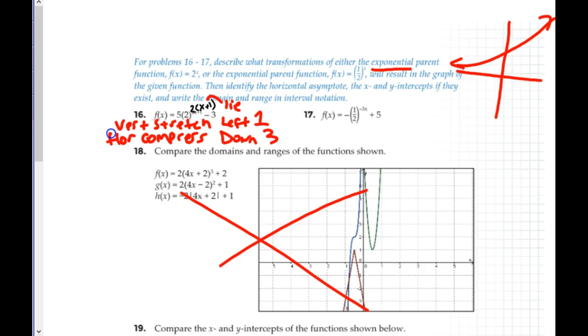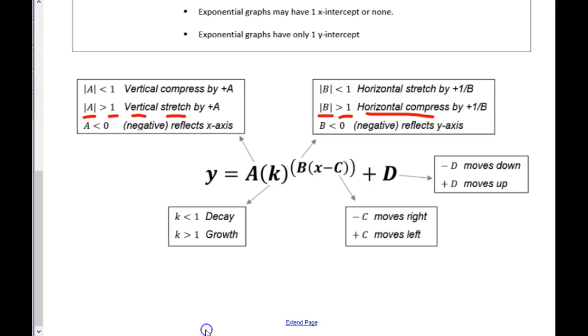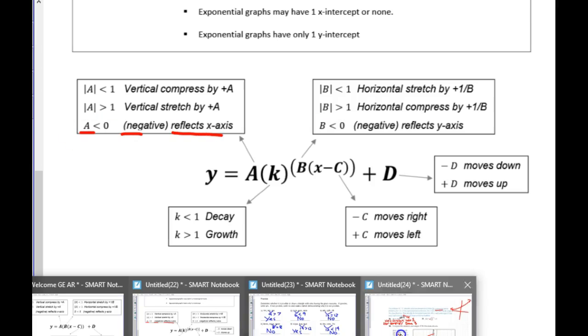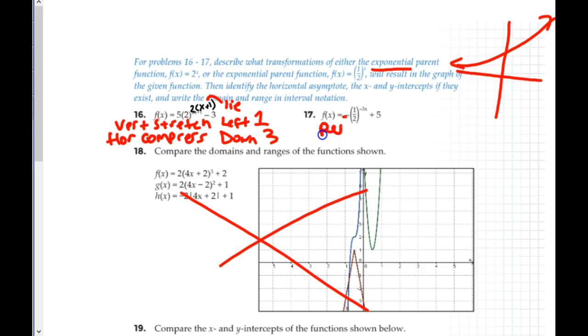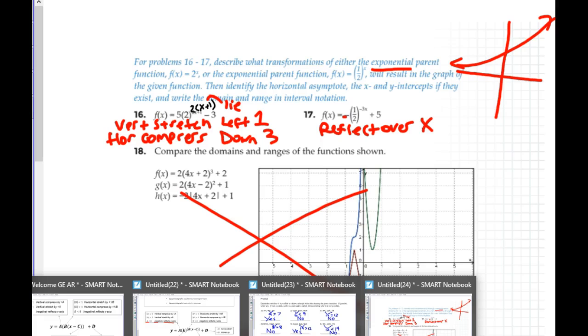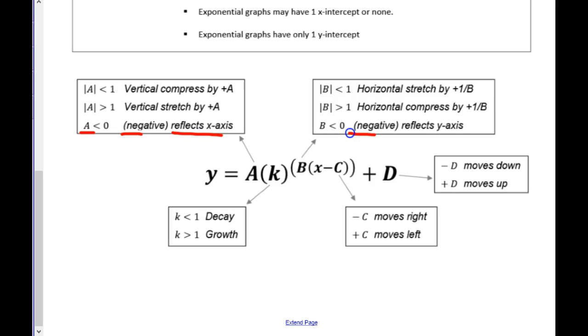Cool. Now, on 17, if a is a negative sign out in front of the base k value, then that means a is negative, reflects over x-axis. And then b is negative 3, so if b is negative, reflects over y-axis, and greater than 1 is a horizontal compress.